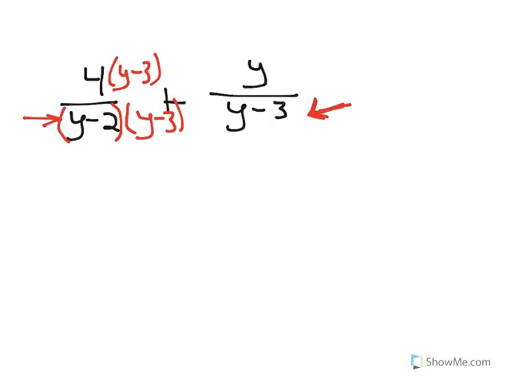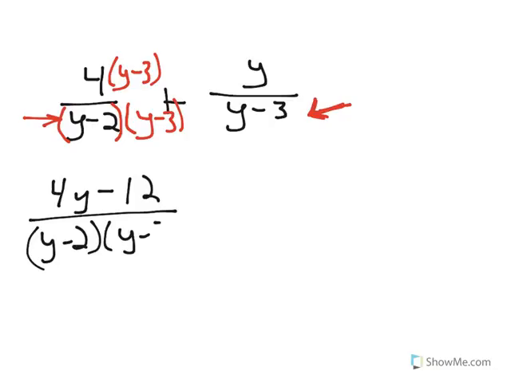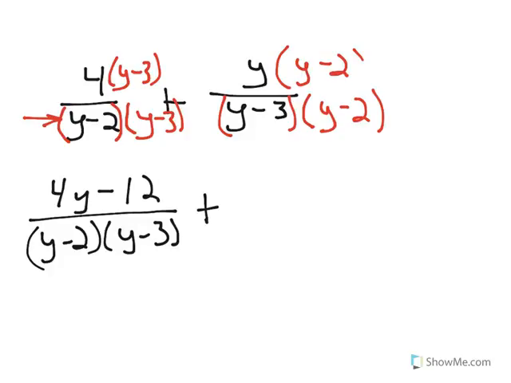And that gives us 4y minus 12 all over y minus 2 times y minus 3. Do not multiply out your denominators. Plus, now in our second fraction, we have a denominator of y minus 3, but we don't have the y minus 2, so we must multiply the denominator by y minus 2 and the numerator by y minus 2.